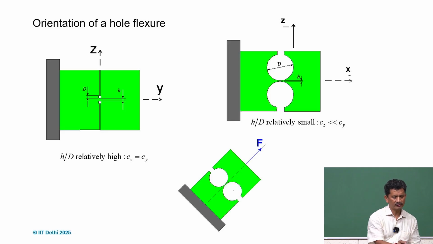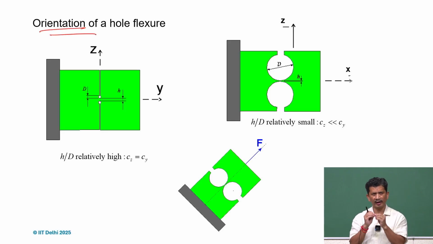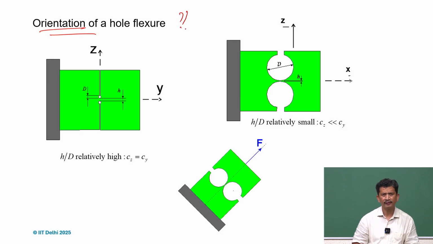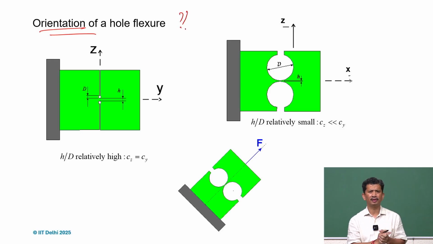The other thing is, of course, one axis, but what will be the orientation of the whole flexures? What are the guidelines? As we learned when we were talking about the sheet flexures or the simple cantilever structure, similar things we will see here as well.